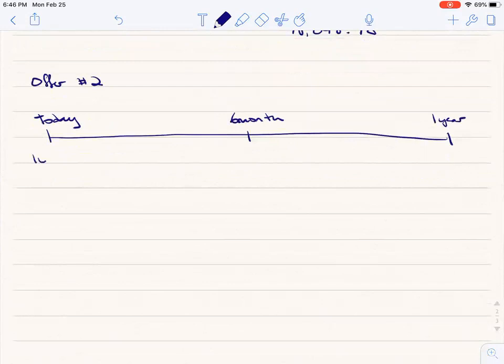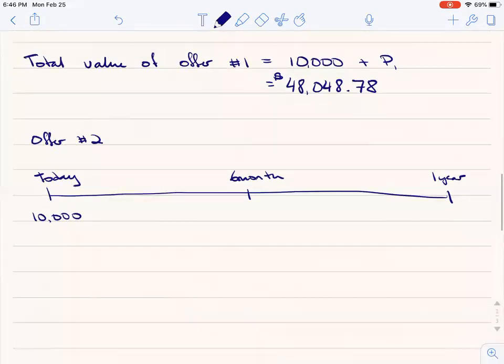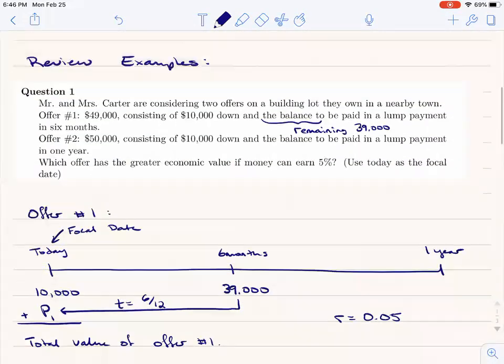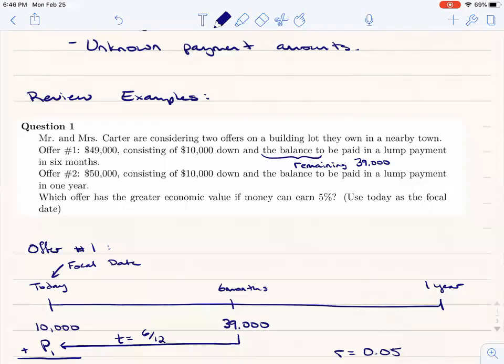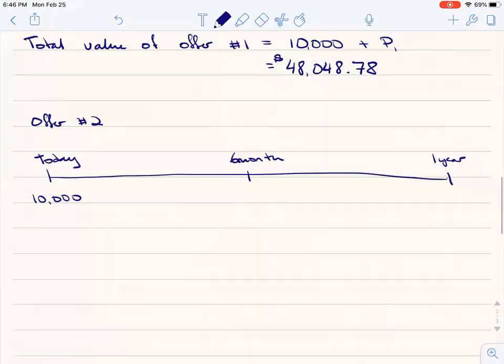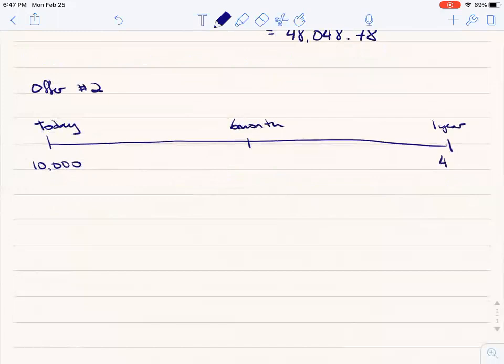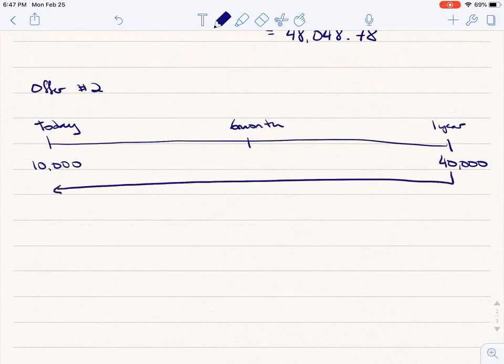So today, same scenario, I get paid $10,000 today, and then they're going to pay me, what was it, 50,000 minus the 10,000, so 40,000 1 year from now. So 40,000, we have to bring that back to P2.